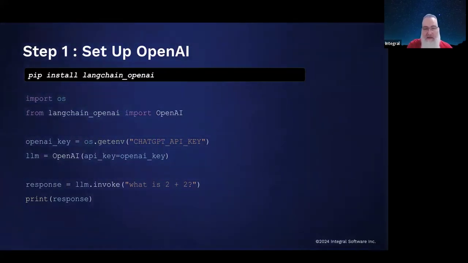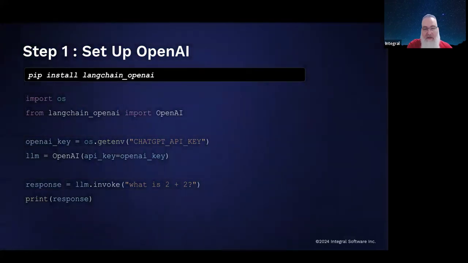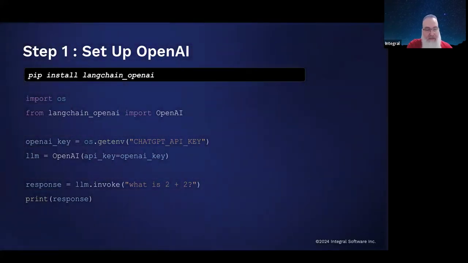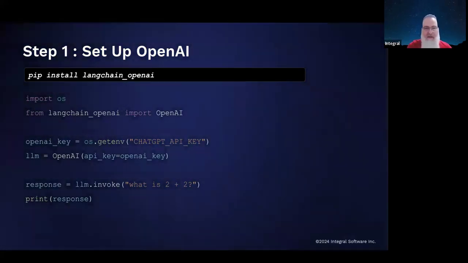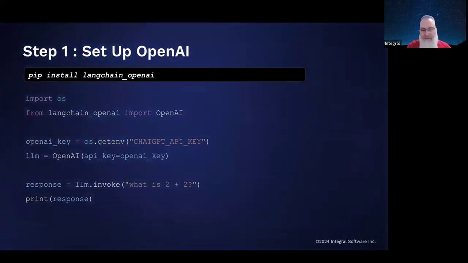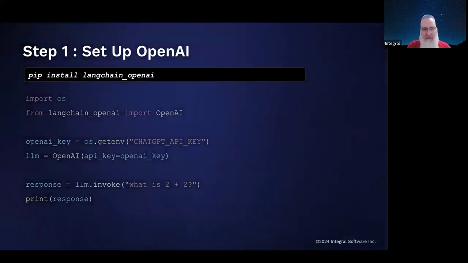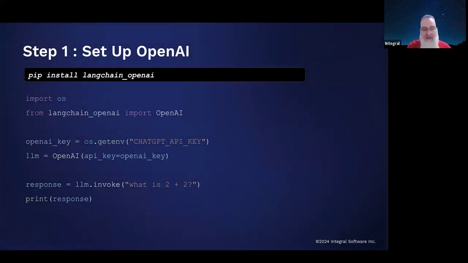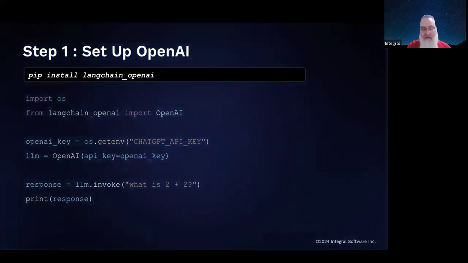I see a question in chat. What OpenAI LLM model will be used by default? I believe it's using 3.5 or 3.5 Turbo by default. I don't have a definitive answer, but I believe it is one of those. The LangChain OpenAI documentation will have a little bit more detail on that, I think.